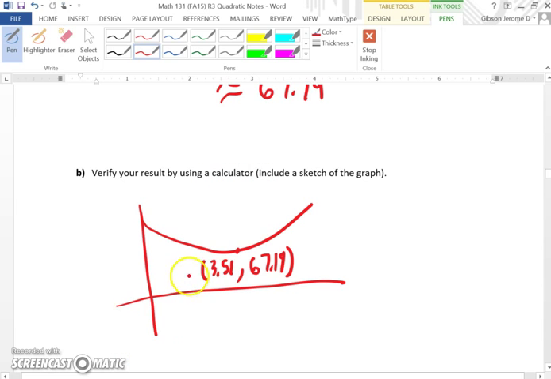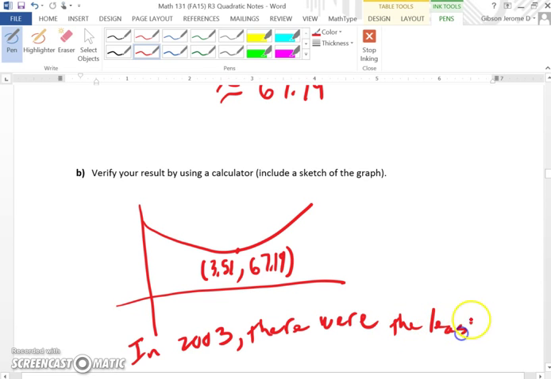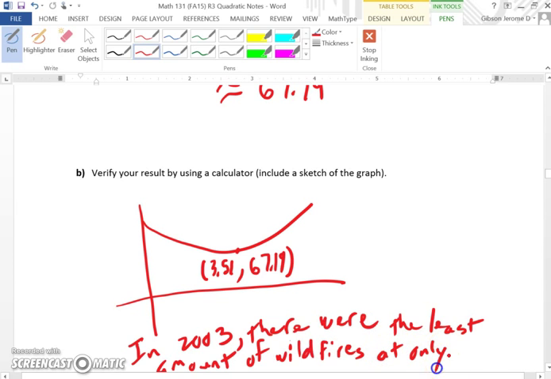So it says basically we want to describe what it means. It means in 2003, because remember this is since 2000, there were the least amount of wildfires at only 67.19 thousand.